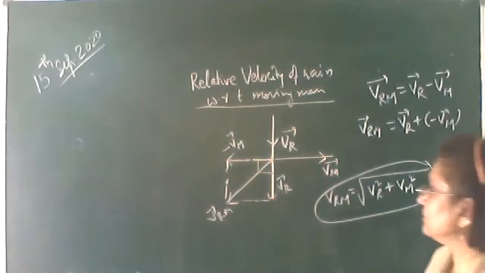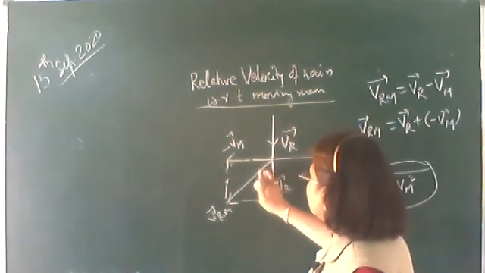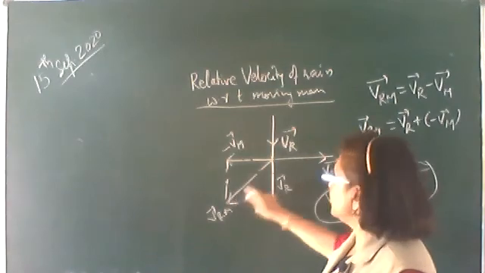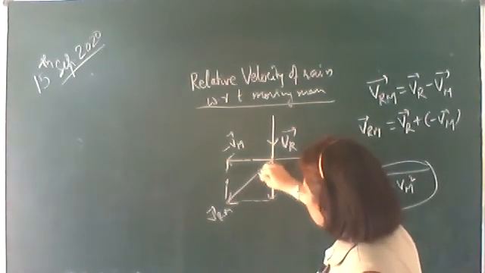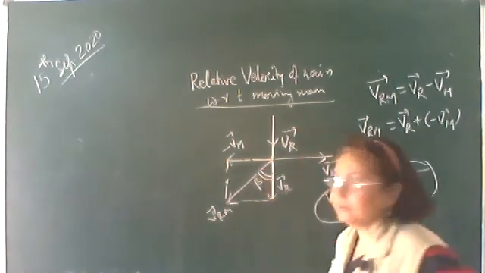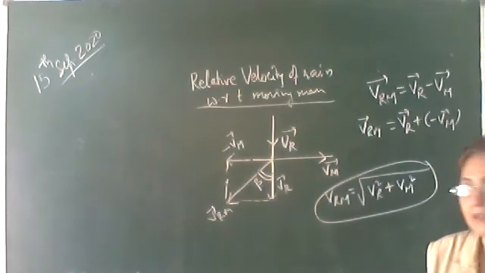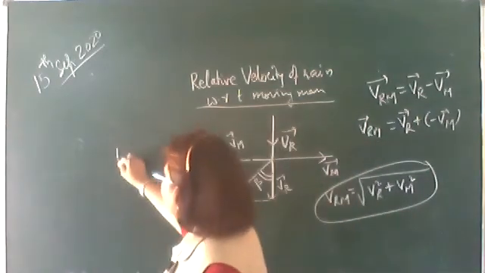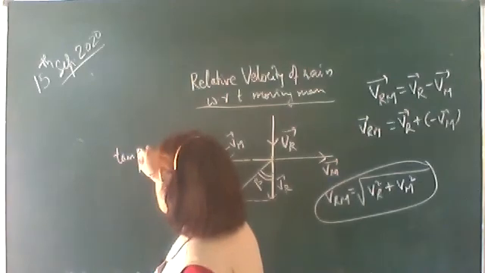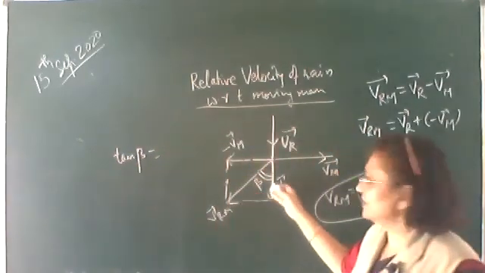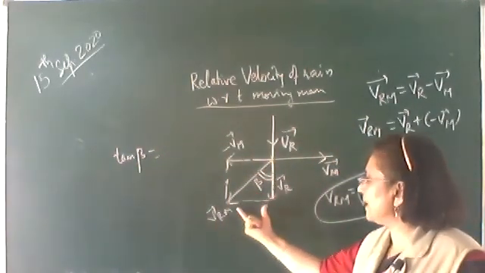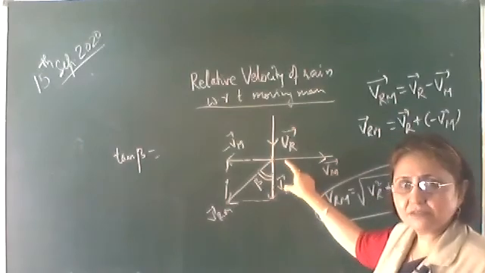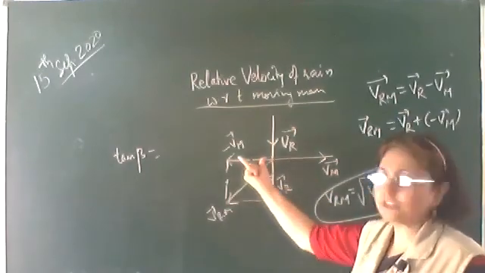Now let's find out the direction also. Direction is this resultant making with the first vector. That is beta angle. Tan beta is equal to, okay, directly you can use there. Tan beta is equal to perpendicular upon base. Perpendicular is how much?